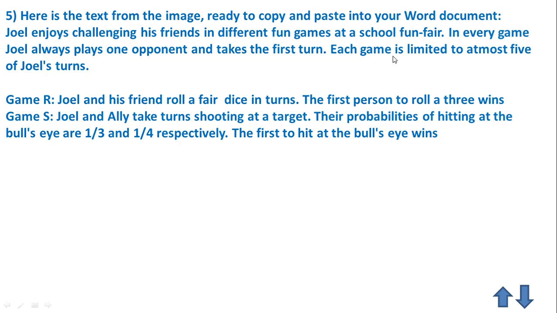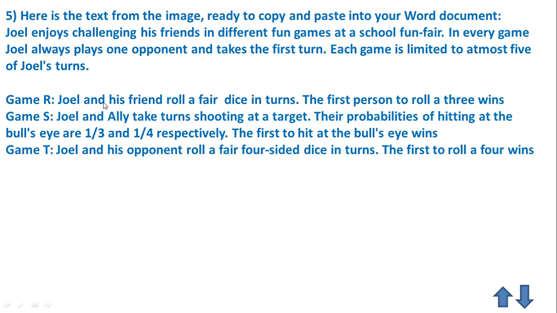Each game is limited to at most 5 turns, so mark this, 5 turns of Joel. Game R, Joel and his friend roll a fair die in turns, the first person to roll a 3 wins.